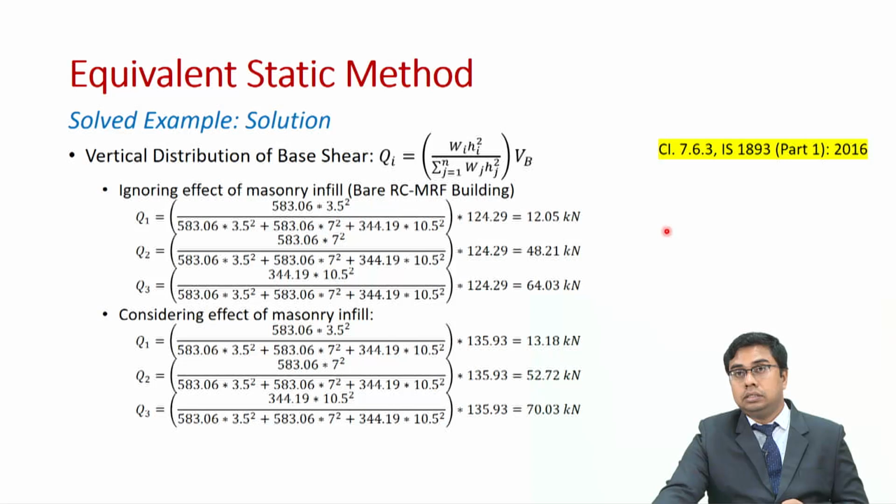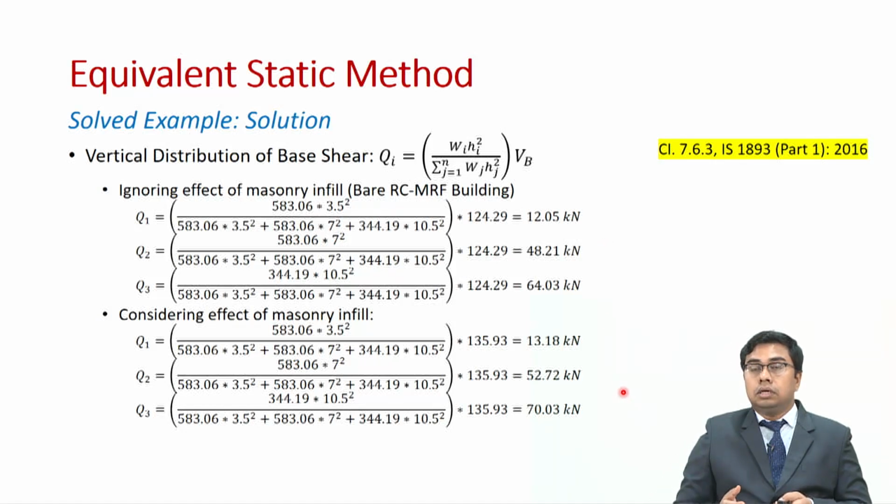Again we have considered two cases, ignoring effect of masonry infill and considering effect of masonry infill. The first floor level shall attract a force of roughly 12 kilonewton if the effect of masonry infill is ignored. If the masonry infill effect is considered, then that force at the first floor level shall be 13.18 kilonewton, and so on.